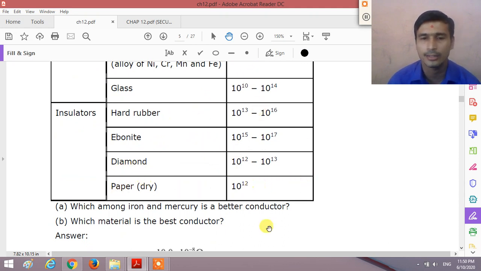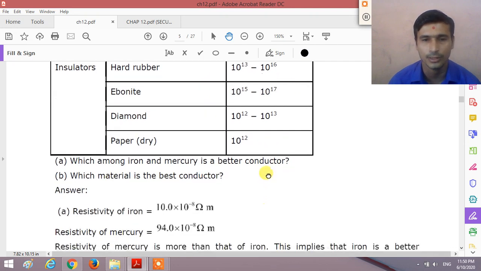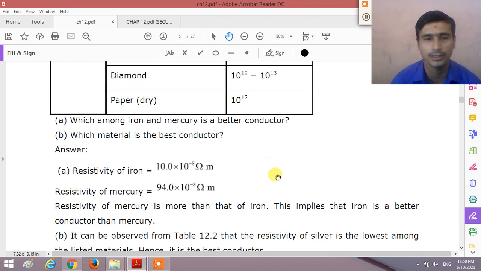And answer the following questions. Question number 1 is which among iron and mercury is a better conductor? So dear students, as the resistivity of a material is high, it is a bad conductor of electricity, and as the resistivity of a material is low, it is a good conductor of electricity.